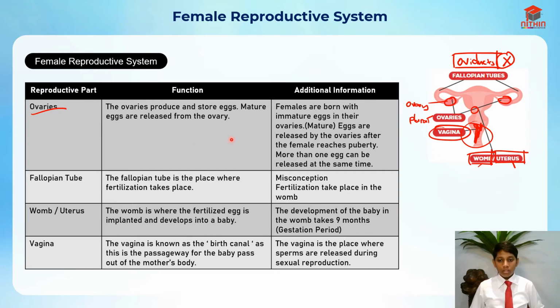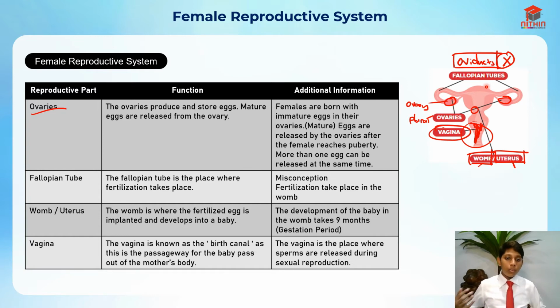For additional information, females are born with immature eggs in their ovaries. Mature eggs are released by the ovaries after the female reaches puberty. The ovaries already have all the eggs inside them.